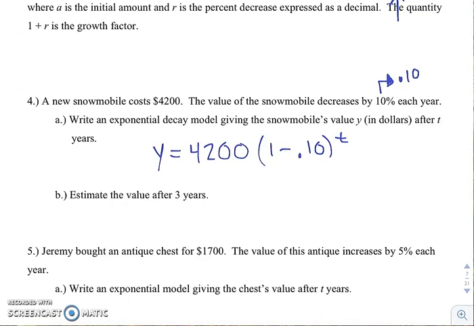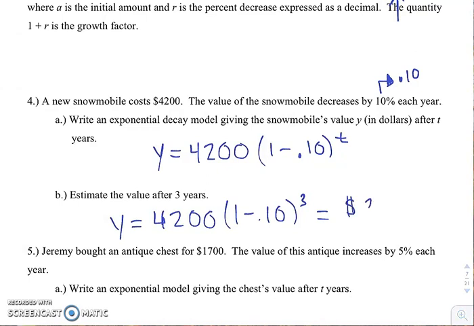So then B says, okay, well, what is it worth if we're trying to find the value after 3 years? So we just do 4,200 times 1 minus 0.10 to the third power. So you guys would type that right into your calculator, and you would just get $3,061.80.